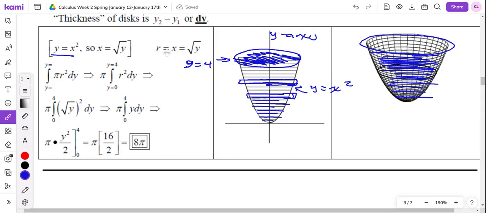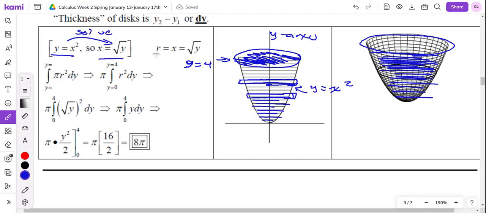If we solve for x, we take the square root of x squared, and so we end up with x equals the square root of y. So we solved for x.